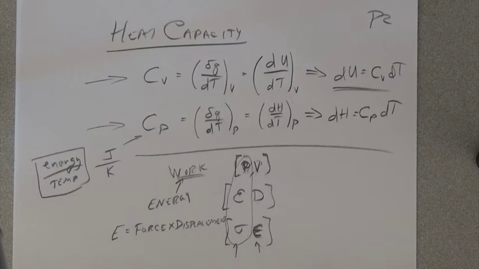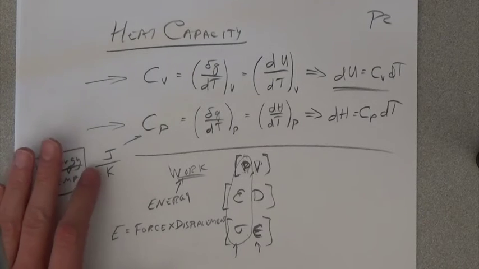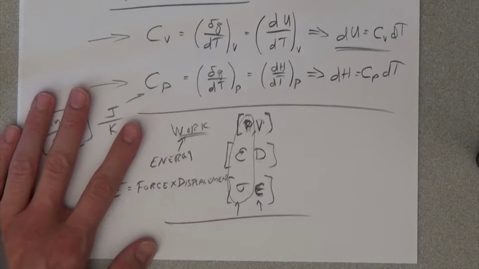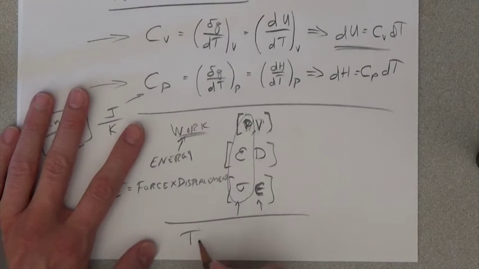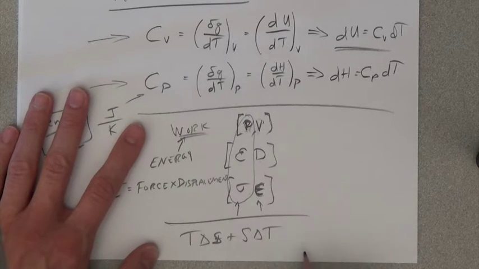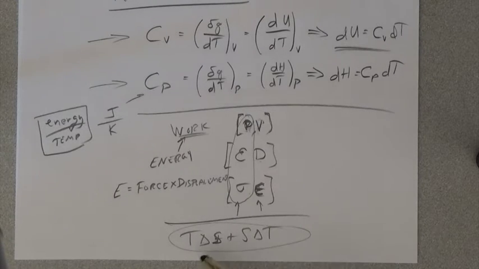So when we get to chapter 3 and we start talking about entropy, we're going to have T dS plus S dT, and this is going to be a force and a conjugate volume pair as well.